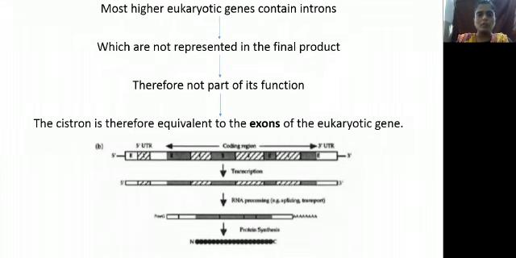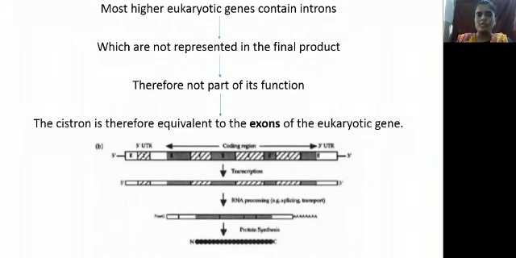Now, these non-coding sequences, that is introns, are spliced out. They are removed by the post-transcription modification process, and as these non-coding sequences do not code for amino acids, they are not present in the final product, that is, in the protein. Therefore, they are not part of its function.